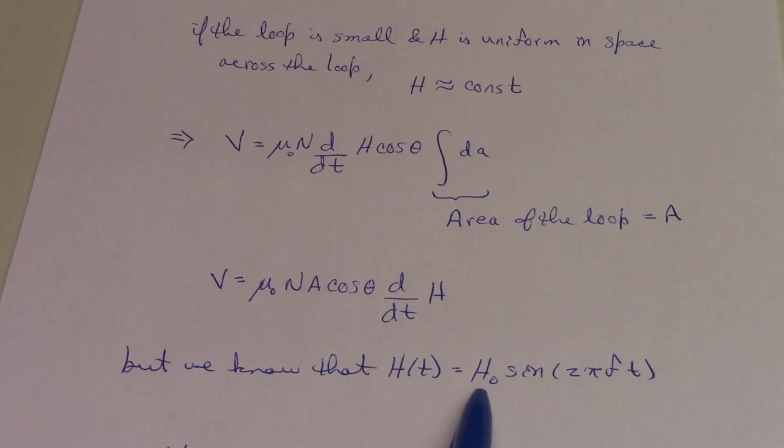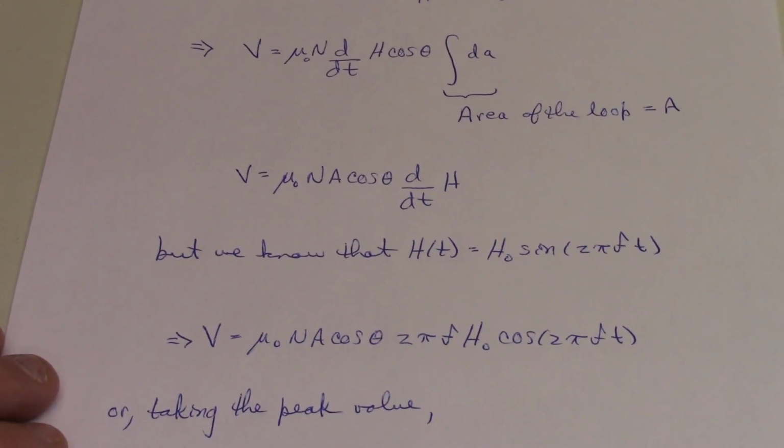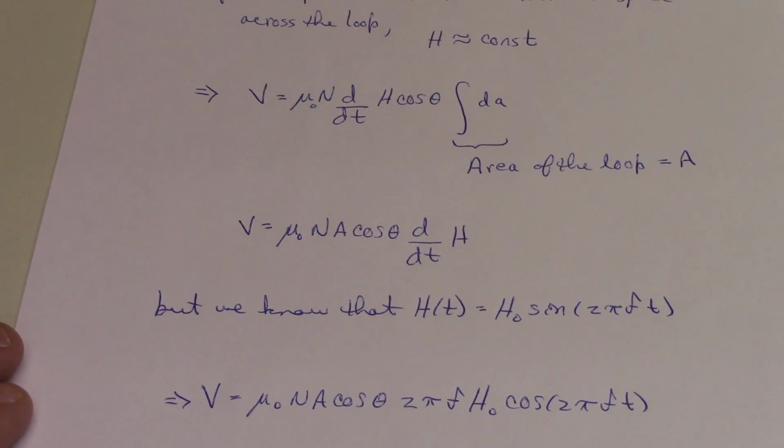So H of t is equal to some amplitude H naught times sine of 2 pi f, the frequency of the wave, times t. And the derivative of the sine is the cosine, and then it brings out this factor of 2 pi f out in front. And so what we're left with is V is equal to this expression right here.